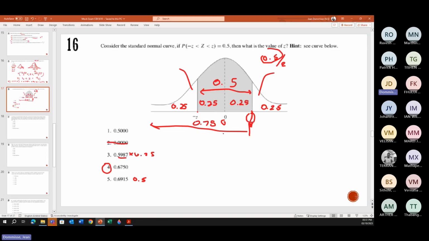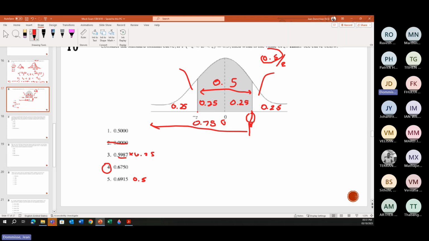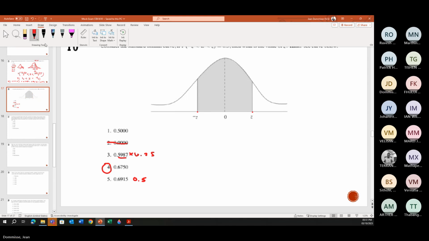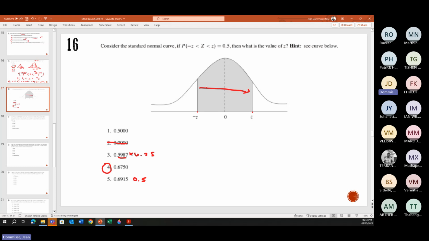Okay, so let's do another example, because 0.5 is always the easy one in a sense, but let's change it a bit so that you can see it as well. They could have said this area, instead of 0.5, is 0.6.